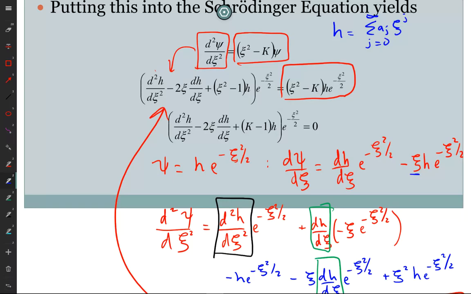So now getting back to what I was saying. We're going to move this term in the red box over to this side of the equation, which means we just subtract it across. And in so doing, I'm going to have c squared h minus c squared h, and those terms disappear because they just subtract out.